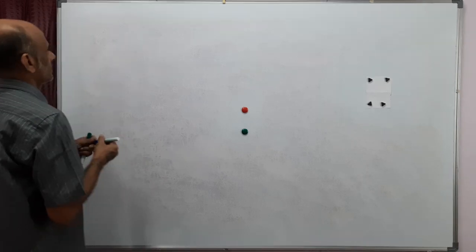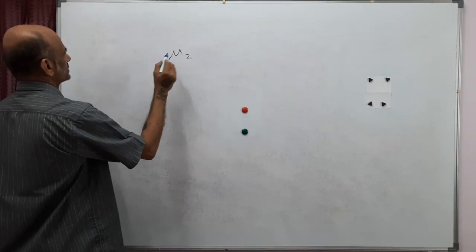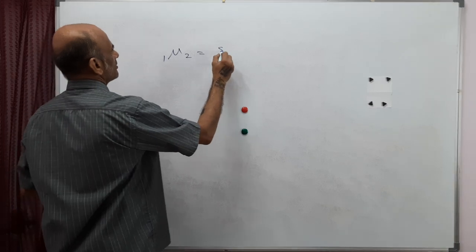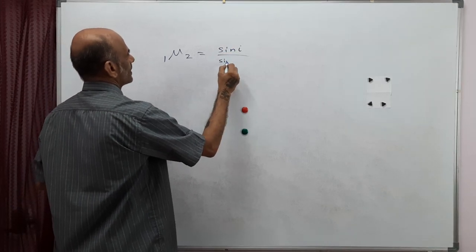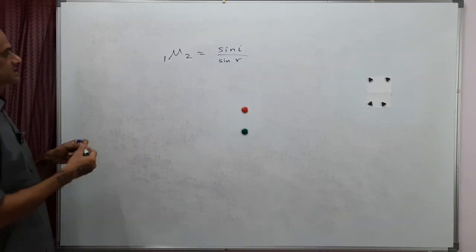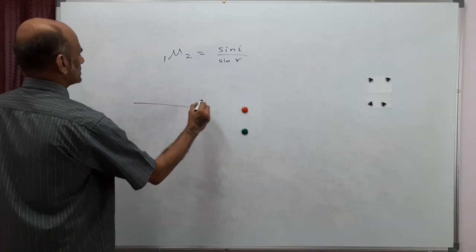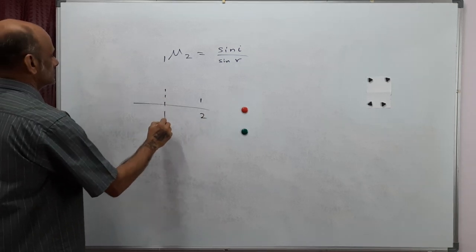Snell's law states that the refractive index of the second medium with respect to the first medium is sin I by sin R. The light is traveling from the first medium to the second medium. This is the normal.